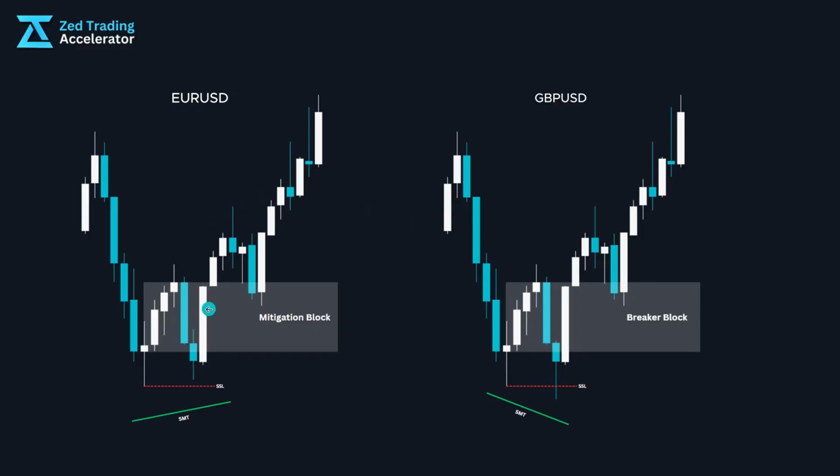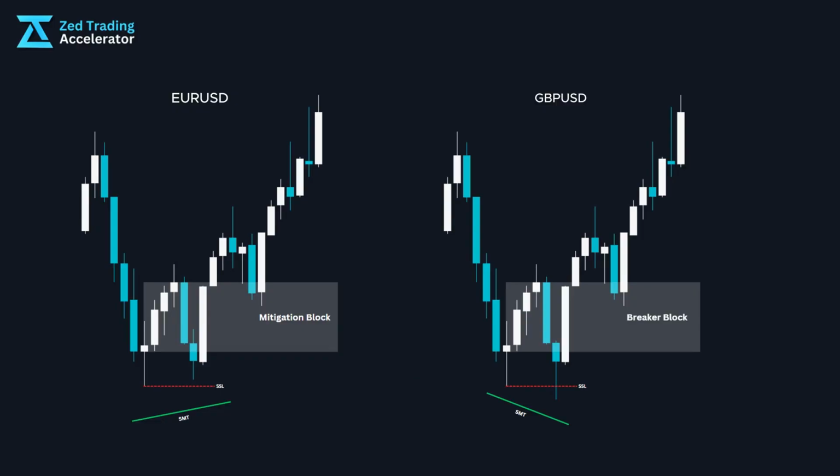But since this pair right here failed to take out this sell-side liquidity, we see a high probability confluence, which is what we call an SMT divergence, which means the price is most likely to reverse because the other pair failed to go lower.